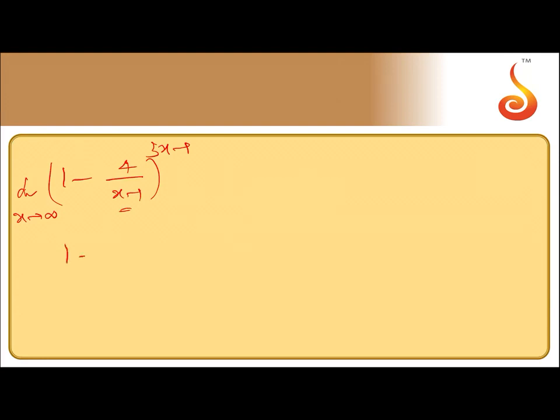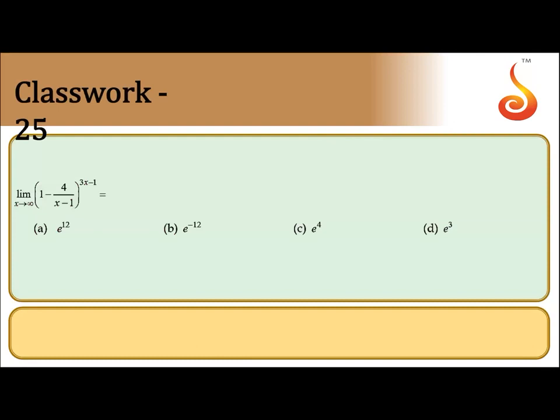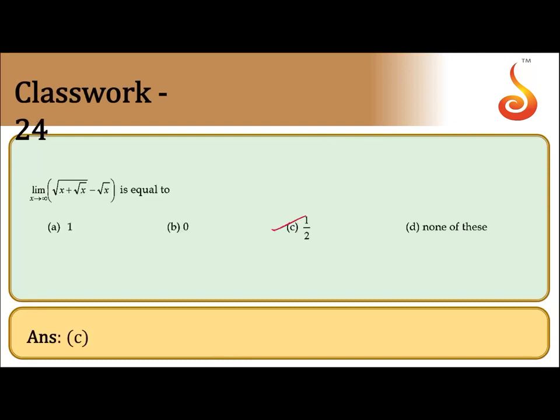Yes, this can also be written as 1 plus minus 4 divided by capital X, to the power of 3 times x minus 1. Similarly, it can be written as 3 times of x minus 1, minus 3 plus 4, which is 3x minus 3 minus... so we get 3x plus 2.